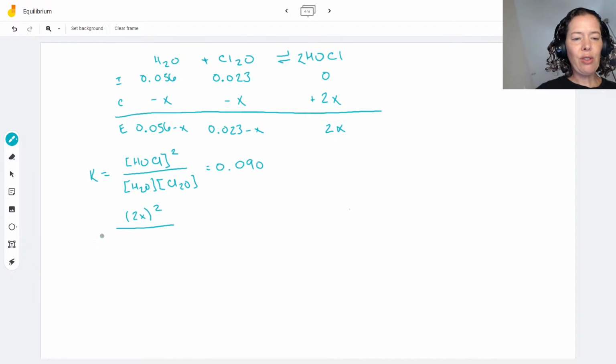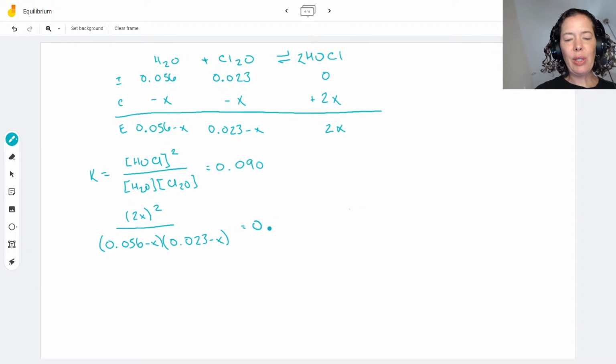My concentration for water, this is just going to get rather large, and the concentration of Cl2O is minus x, and this still equals 0.090. So you can see I have one equation and one unknown.